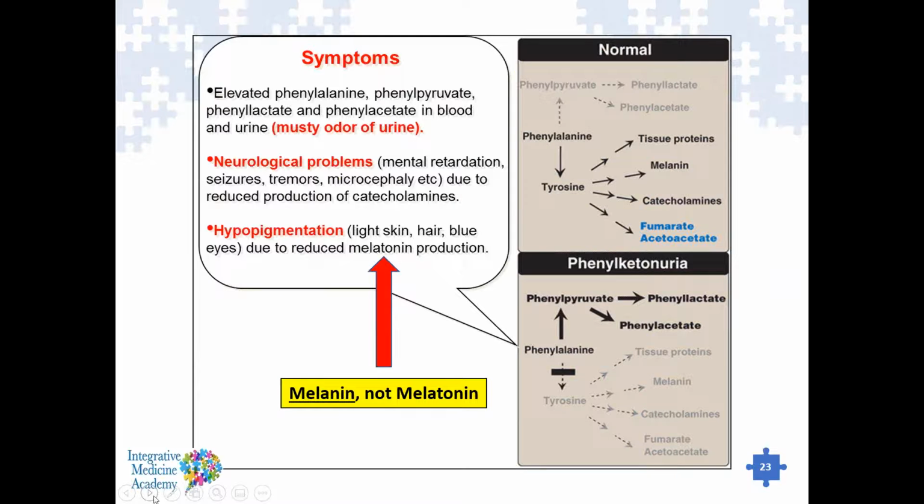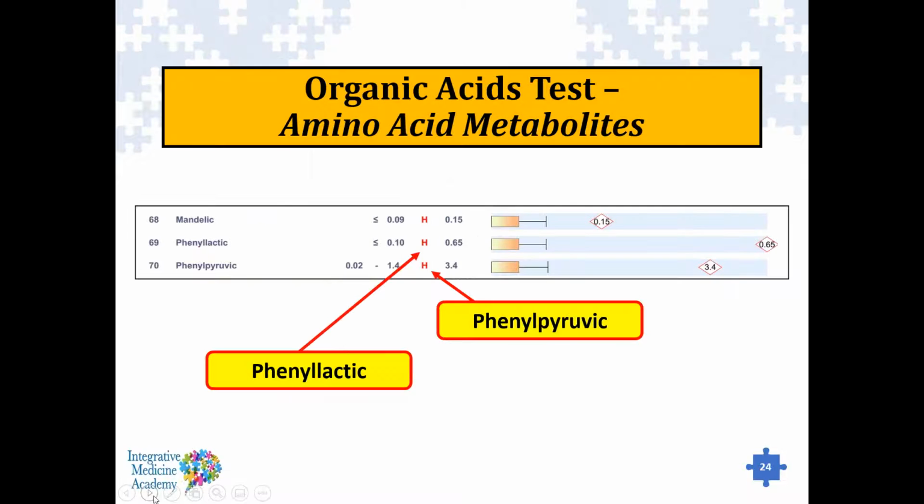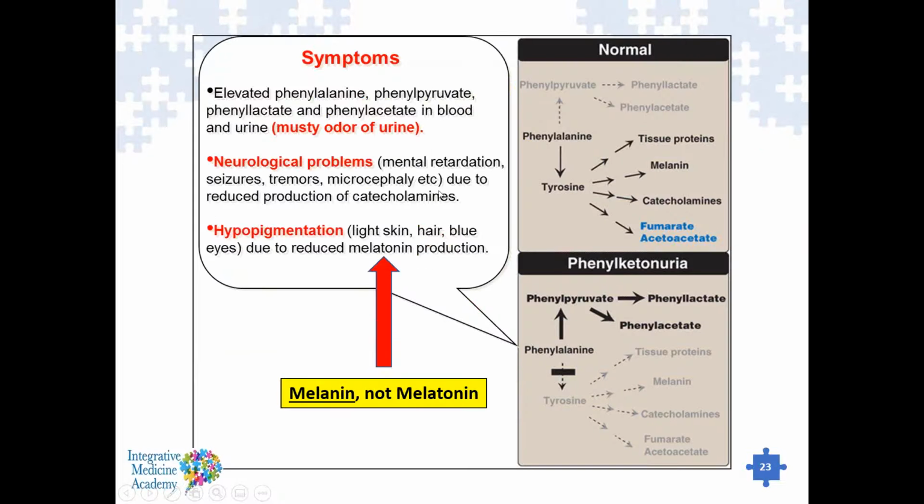With PKU, essentially what happens with these kids is they get elevations of phenylalanine, phenylpyruvate, phenyllactate, phenylacetate, or phenylacetic acid that is elevated in the blood, and then it also is elevated in the urine. And one of the things described in these kids is a musty smelling or musty odor to the urine. In severe cases, it can lead to neurological problems, from seizures to mental retardation to tremors.